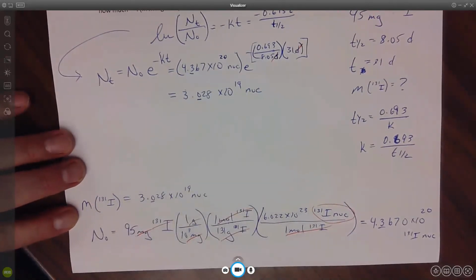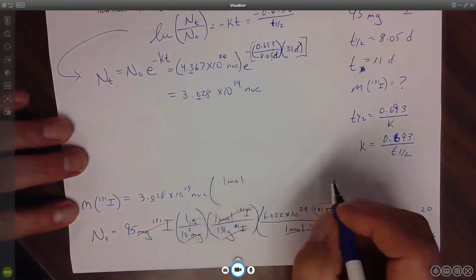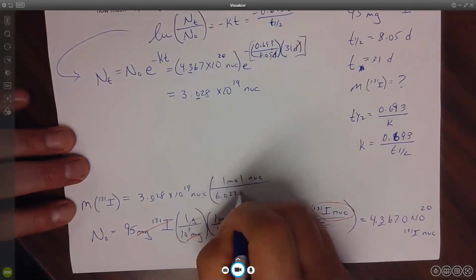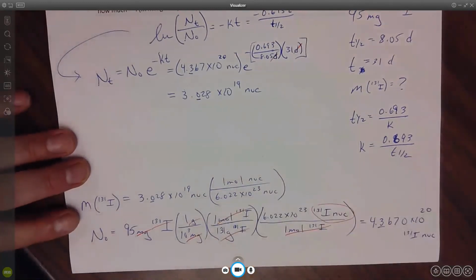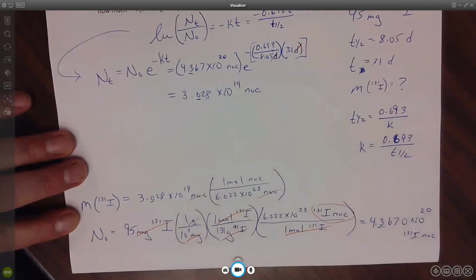We'll convert that to moles. So we're going to say 1 mole of the nuclei is 6.022 times 10 to the 23rd nuclei. Nuclei cancel, and now we have moles of nuclei.